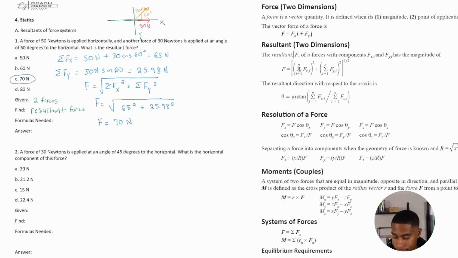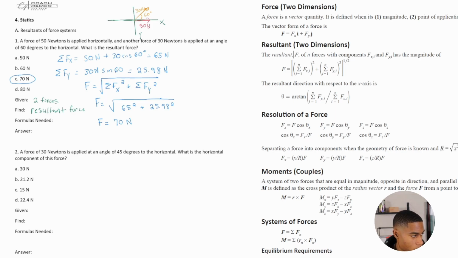So you could have 10 different forces that are all going every which way, but ultimately you're going to have to still take the sum of the forces in the x direction from all of those different forces, or all of those different places that the forces are pointing to. Okay, so hopefully that made some sense.